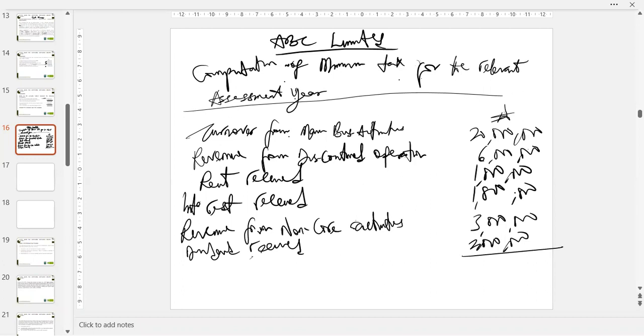So yeah, who is doing the summation? Who is adding this up for us? 20 plus 6, 26 plus 1, 27 plus 1, 28 plus 3, 31 plus 2, 33. Is that what we have? 33,800.